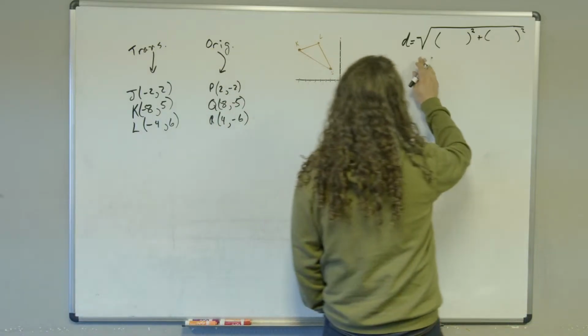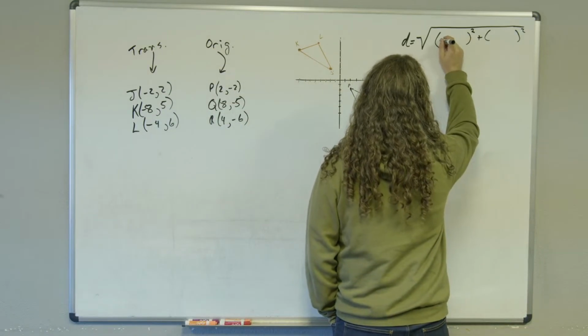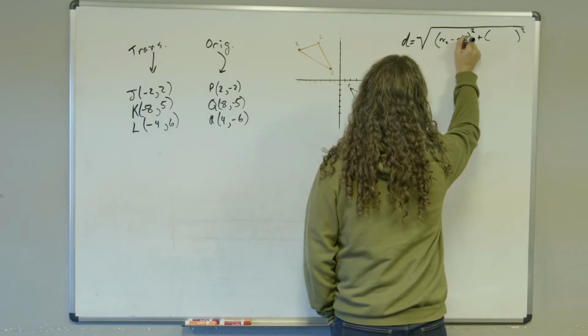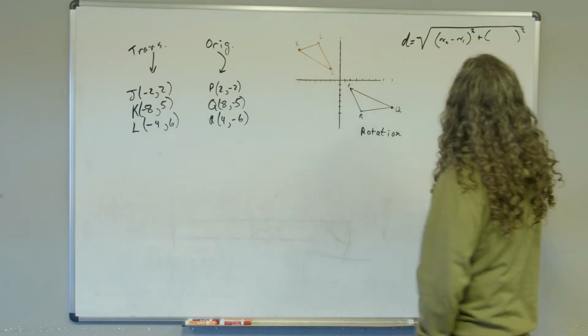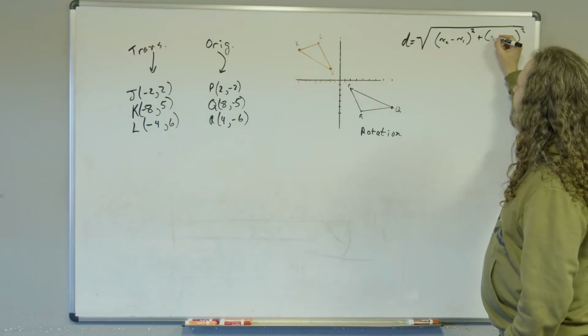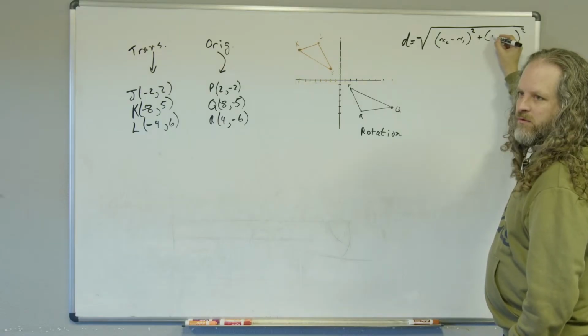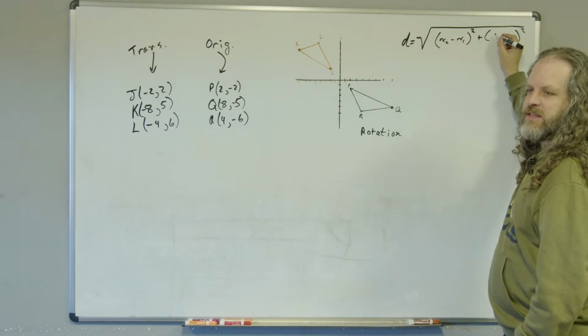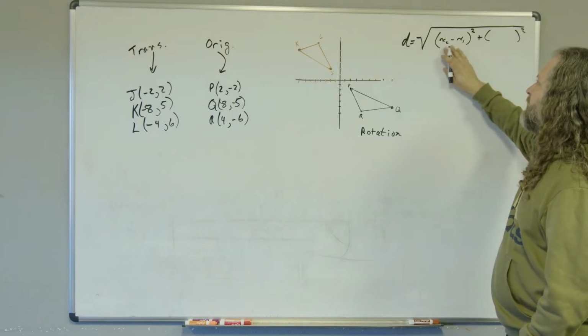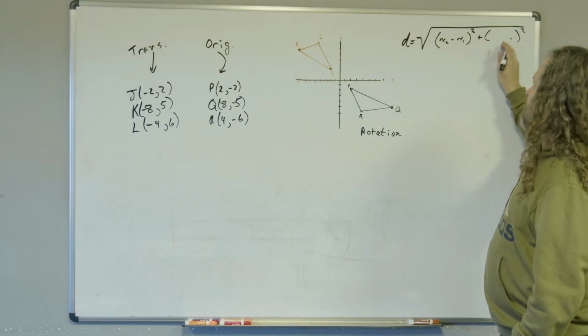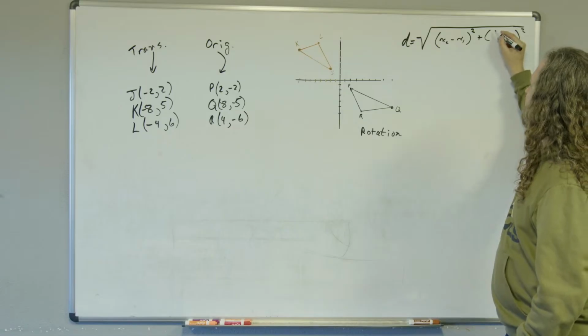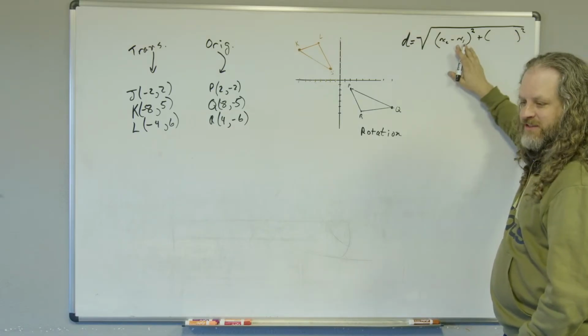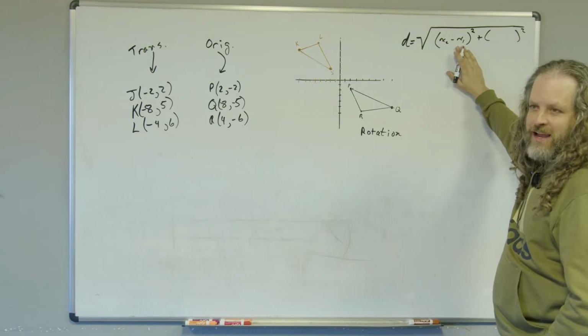D equals the square root of the difference of the x's, so x2 minus x1, squared, plus the difference of the y's squared. It comes out the same in this formula whether it's y2 minus y1 or x2 minus x1 first. It may be easier to memorize if you do the y's first, like the slope formula.